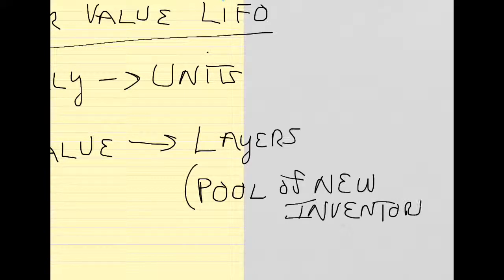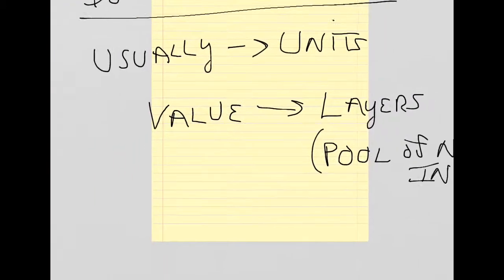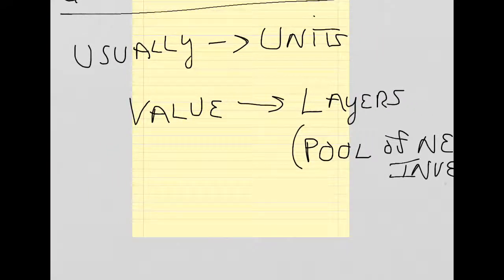When we add a layer, it's new ending inventory that we've added. So since it's not based on the count of items or units, and it's based on dollar value of those items, since that's the case, we have several advantages over the other regular ways of doing LIFO.